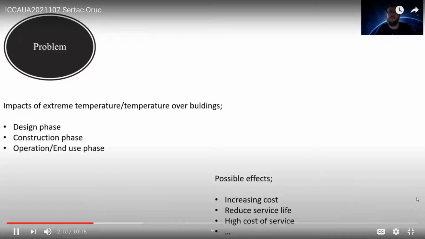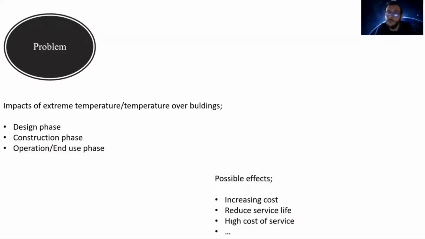Furthermore, in the operation or end-use phase, increasing demand for cooling or heating of the buildings can cause a very high cost of service during the service life of the building.